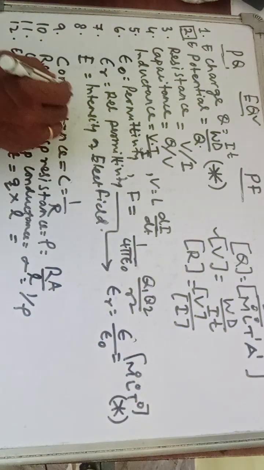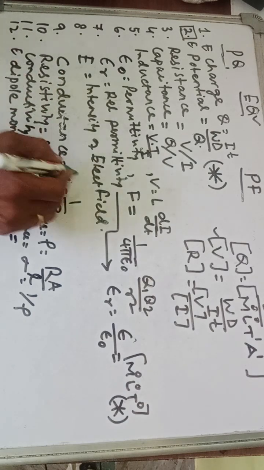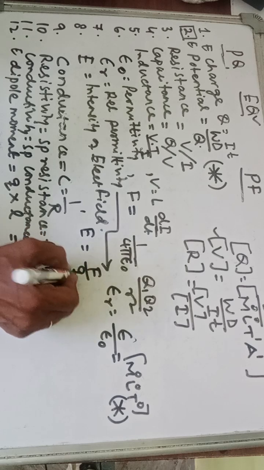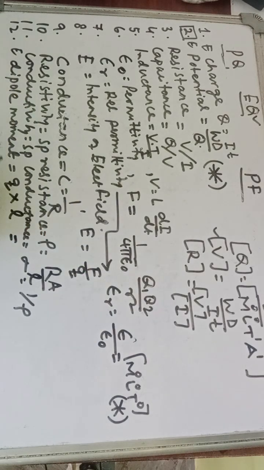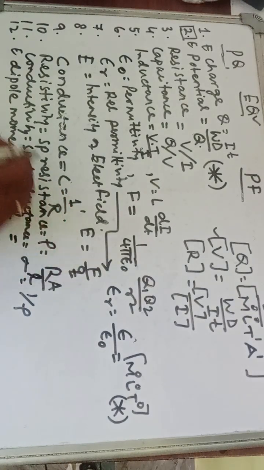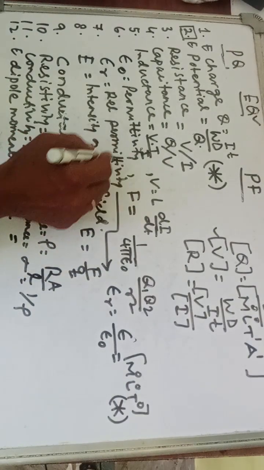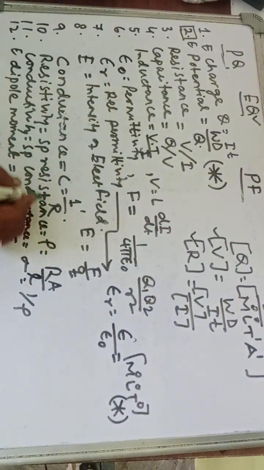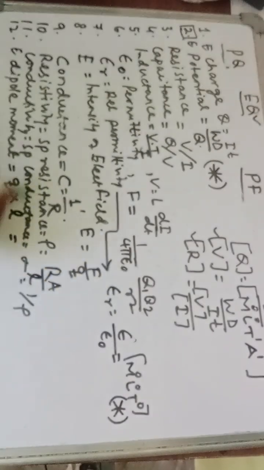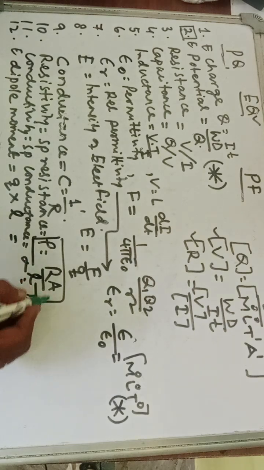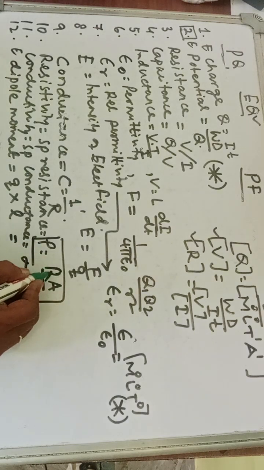Intensity of electric field strength is again E, force per charge. Conductance is the inverse of resistance, 1 by R. Once we know the dimension of R, we can find the inverse of R, that is conductance. Resistivity is from the formula R is equal to rho L by A, or rho is equal to resistance into area by length.